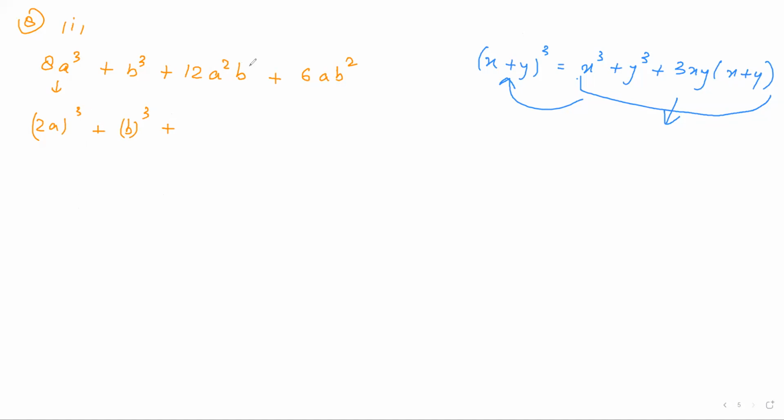Now, out of these two numbers, can I take something common? I can take 3 common. And then a is there in both the numbers, I can also take one a outside. And at least one b also I can take common. So here what will I be left with? 3 into 4, so 4 and then 1a, right?